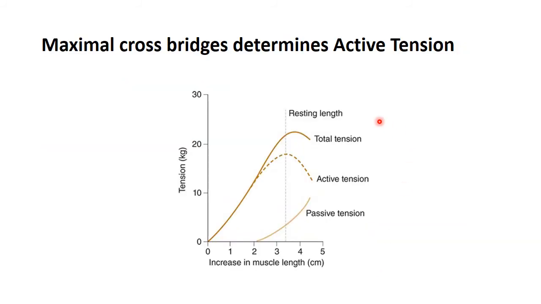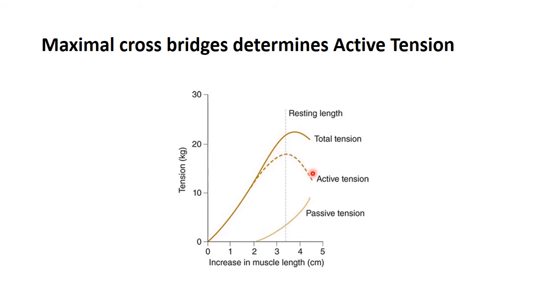So in the isometric contraction, you must learn about the three tensions: passive at the resting stage, total during the contraction, and when we subtract the passive tension from the total tension, the third one, active tension, is generated.